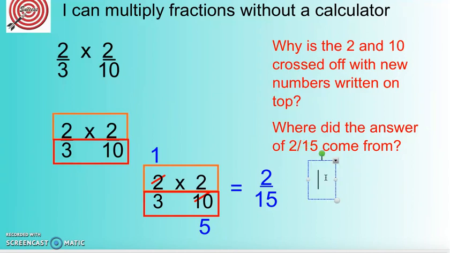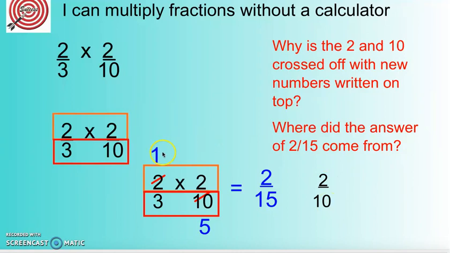Exactly. If I have 2, let me write the 2 over here. So this 2 that was crossed off, I'm going to write it over here. And if I write over here the 10, do you notice that if I take one numerator and one denominator, it doesn't matter which 2 I take, but I have to take the 10. Do you notice that it creates a fraction, 2/10?